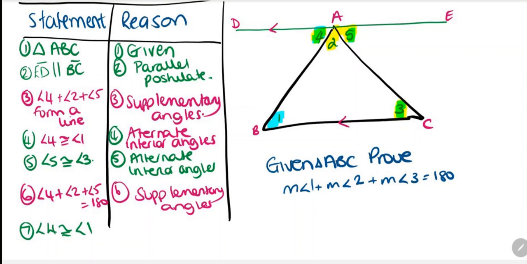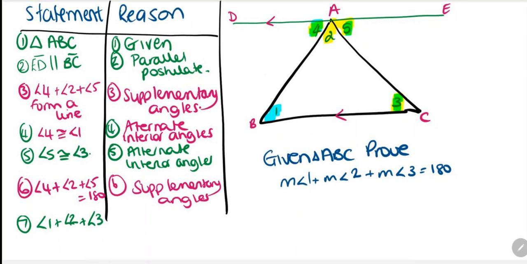So I'm going to substitute that. Take that out. Instead of angle 4, I'm going to put angle 1. And we can also say that angle 5 is congruent to angle 3, so I'm going to replace angle 5 with angle 3, and I'm going to have angle 2.